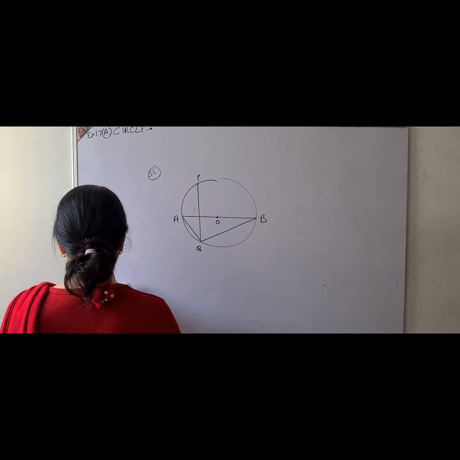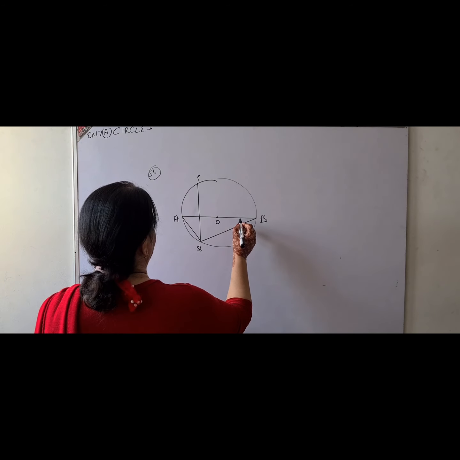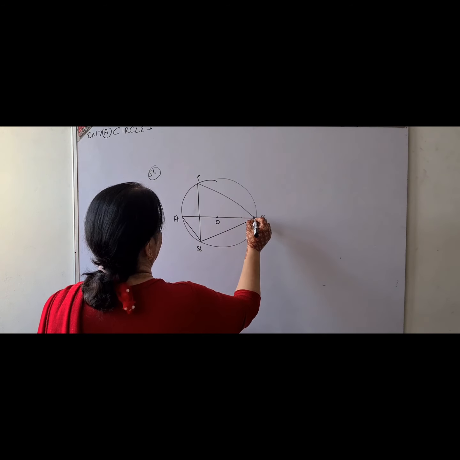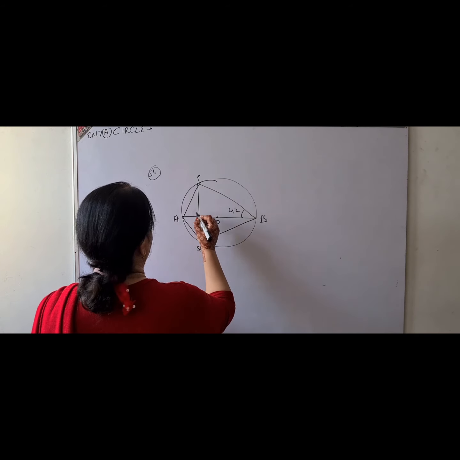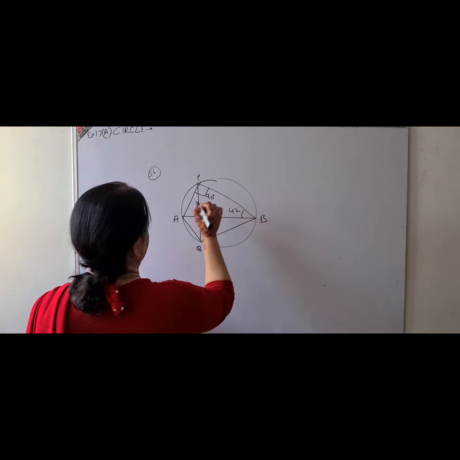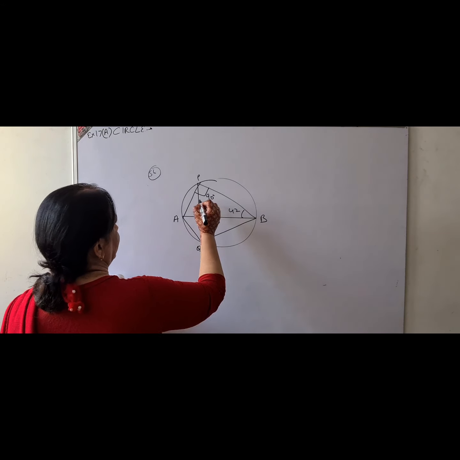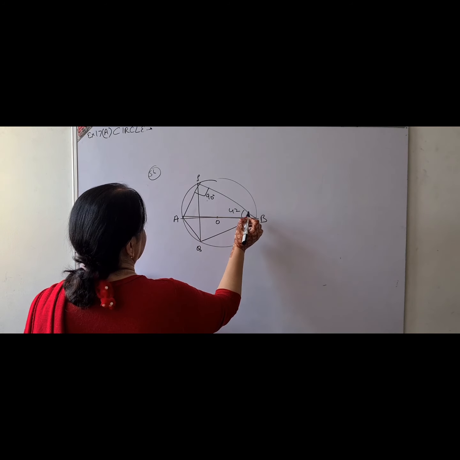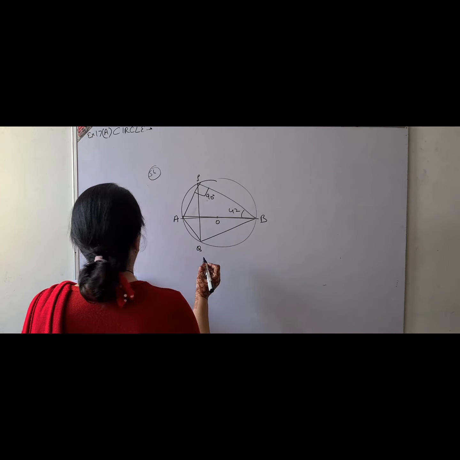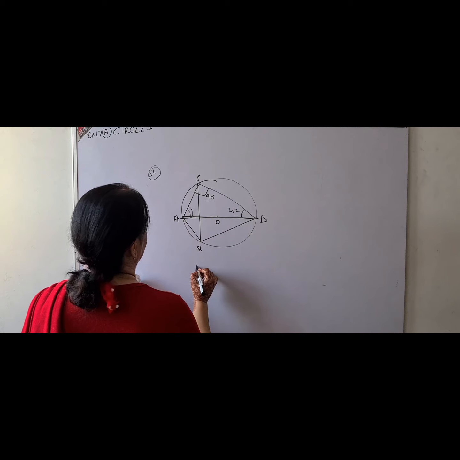You have to find PQB. ABP is 42. Join. This is 90, because angle in the semicircle, AB is the diameter, and this ABP is already given to you as 42, so you can find angle PAB.